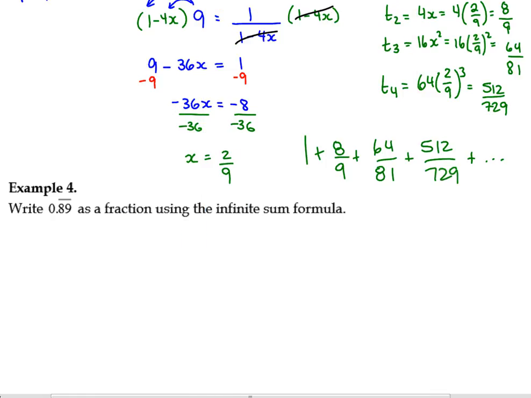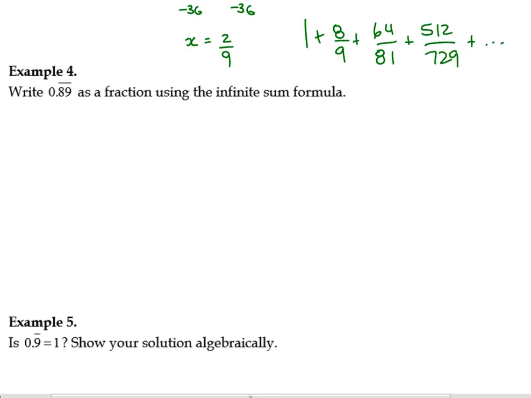We can also use our infinite sum formula because it actually is a geometric series. We can make it into a geometric series, and I'm going to show you how. Your first term is 0.89.